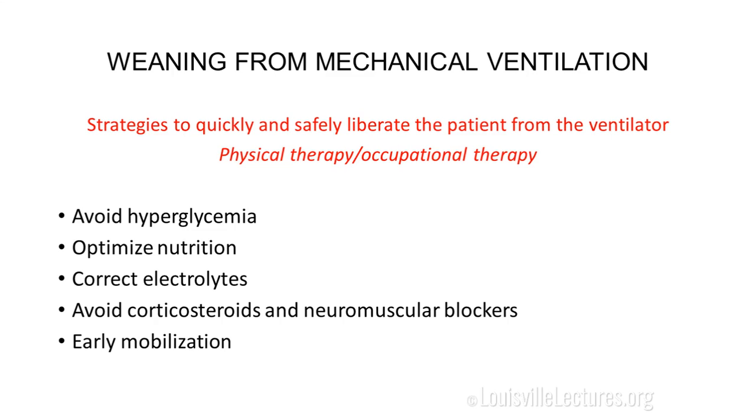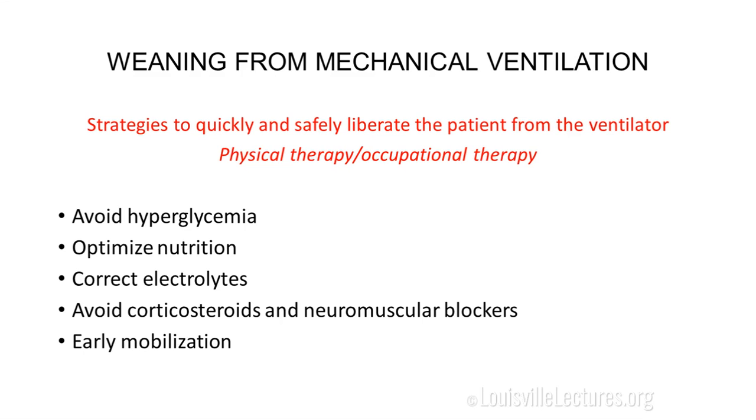So then what can you do to avoid ICU-acquired weakness? Well, hyperglycemia in some studies has been associated with ICU-acquired weakness, and there's some observational evidence that perhaps by keeping the blood sugar better controlled, you might be able to avoid it, but you don't want to do tight control because that has not been shown to be associated with good outcomes.